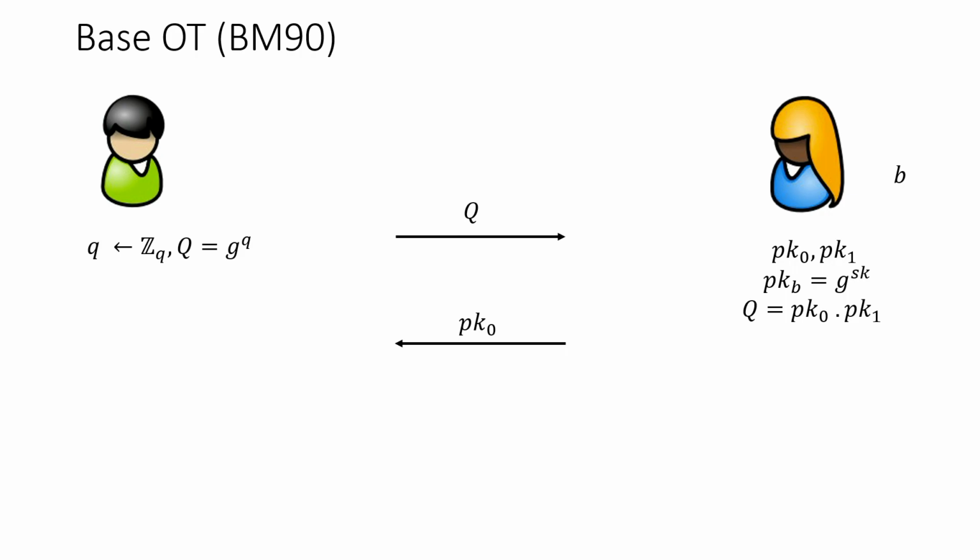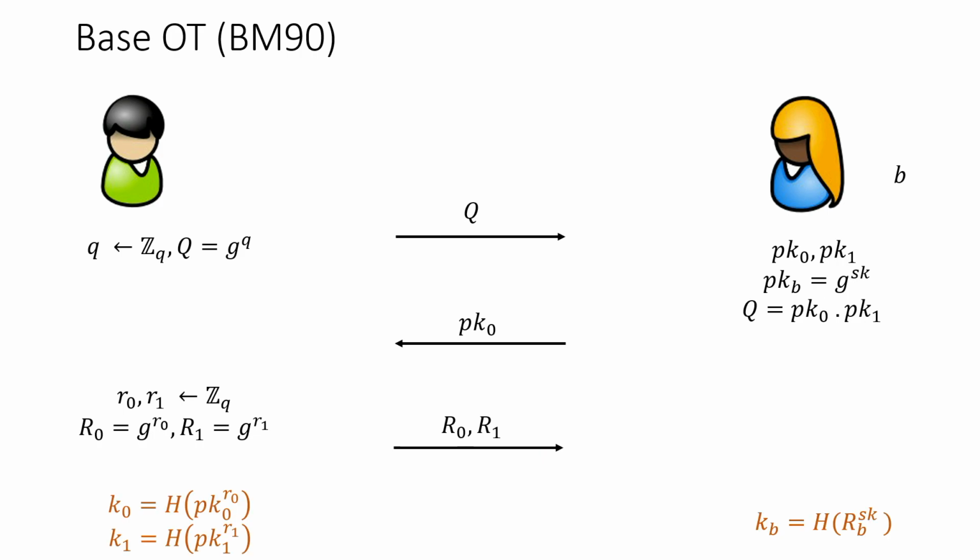And then it sets the other public key to be Q divided by PK_B and sends PK0 to the sender. Now the sender samples some random pads R0 and R1 and sends g to the R0, g to the R1. And now both of them can compute: PK0 to the R0 and PK1 to the R1 are the two secrets that the sender outputs, and g^R_B to the SK is the secret that the receiver outputs.